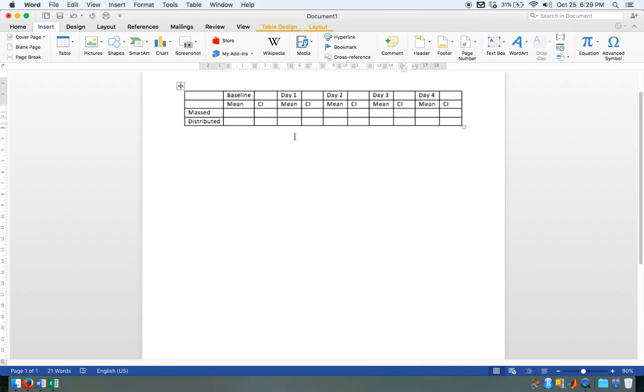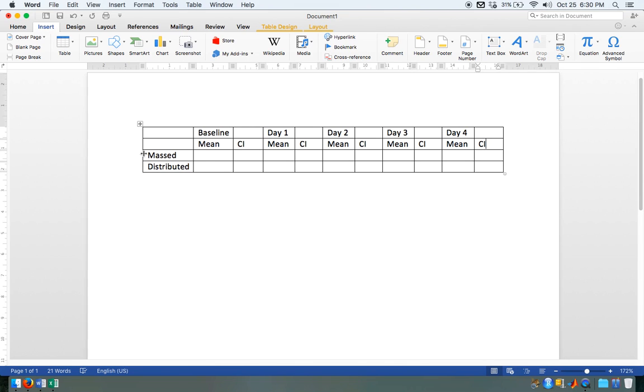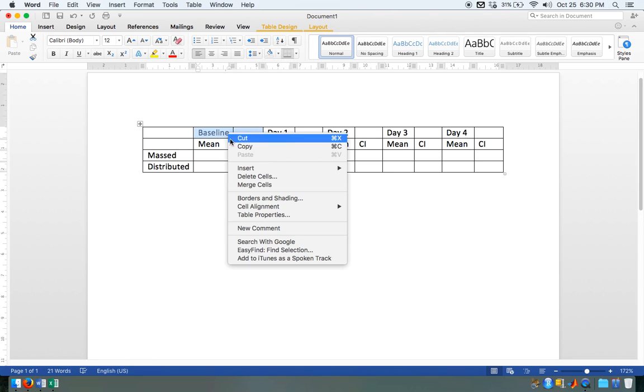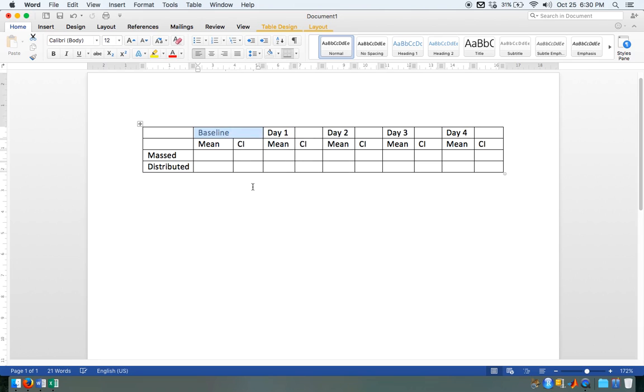Okay, so what I have is my mass group and my distributed group, and their means on baseline. Their CIs on baseline, and then same thing for day 1, day 2. So what I'm actually going to do to organize this a bit better, I'm going to highlight these 2, and say merge cells.